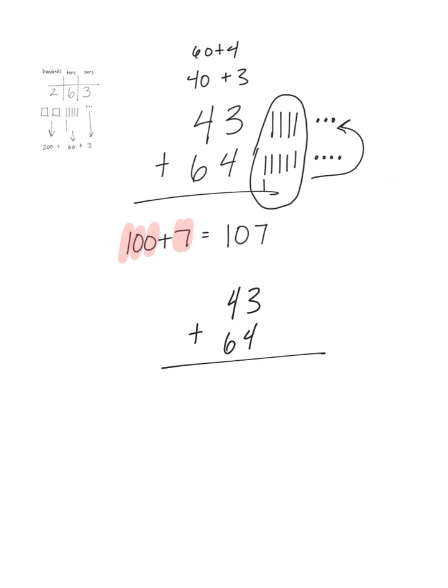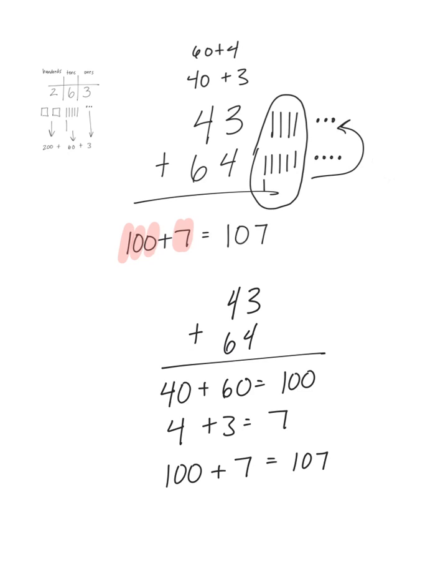In expanded form, my tens would be 40 and 60. And I know that's 100. My ones are 4 and 3. I know that is 7. And so I can add my 100 to my ones and know it's 107. So these are the two ways that your child is showing me their thinking.